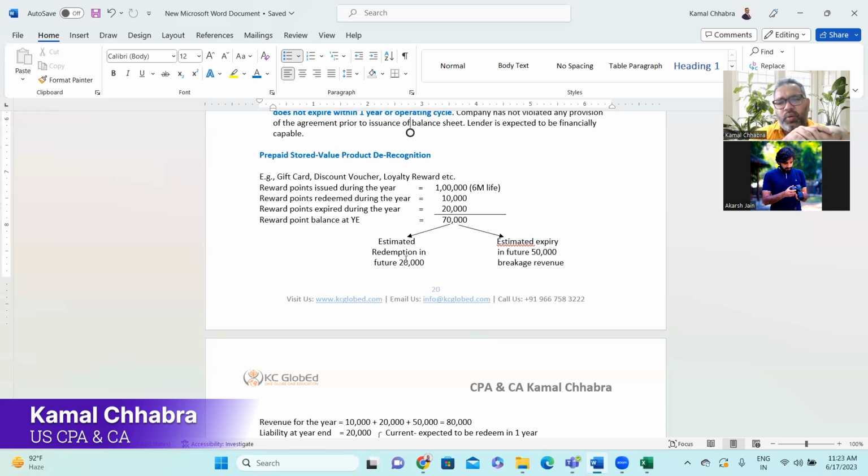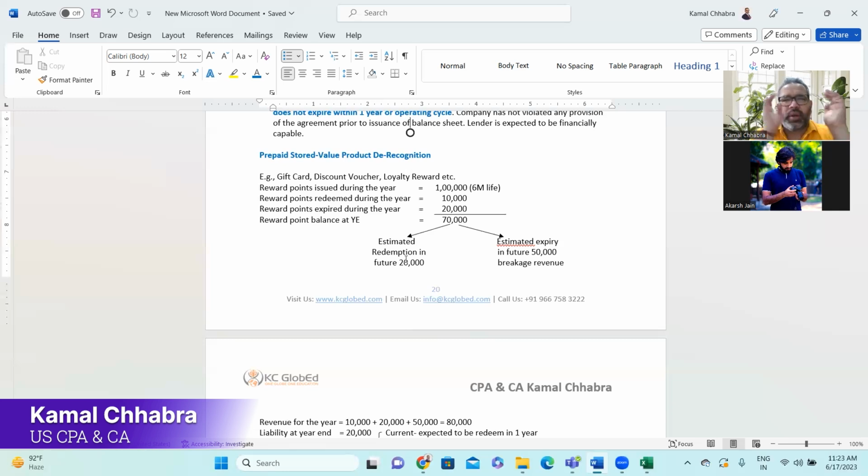So, for example, now look at it from the bank's perspective. Let's assume you are Bank of America and you have a reward point scheme where for every $100 spent, you give $1 as a reward point.